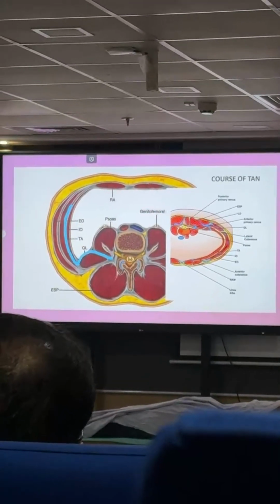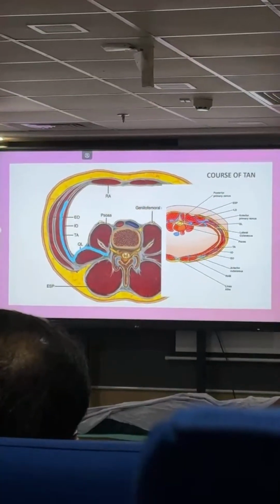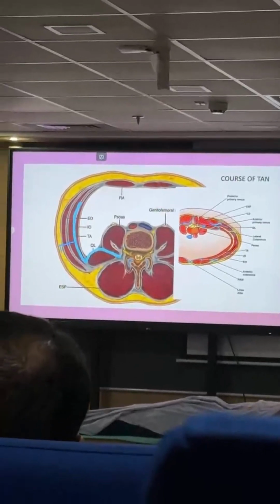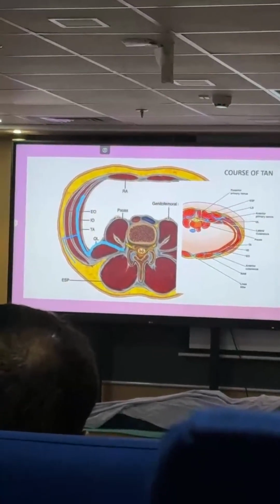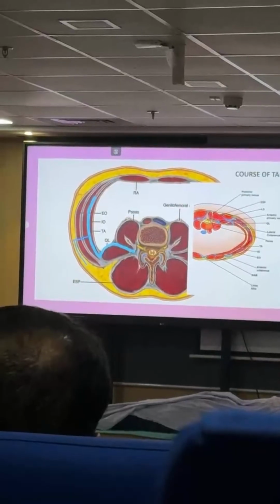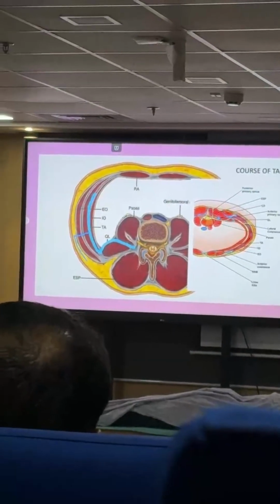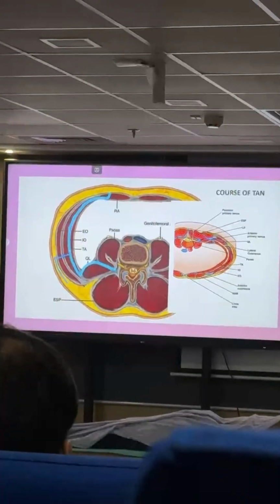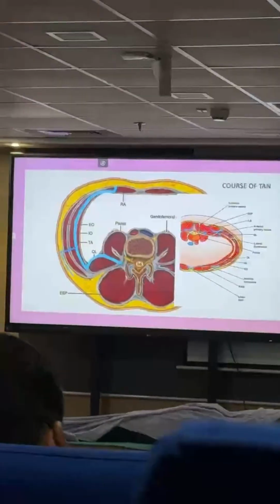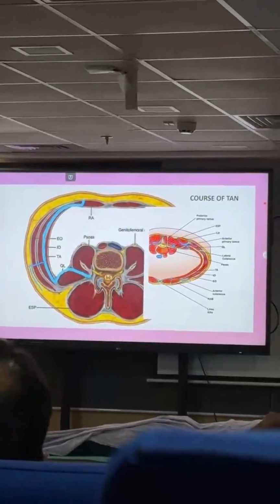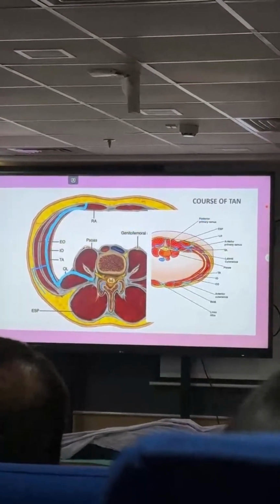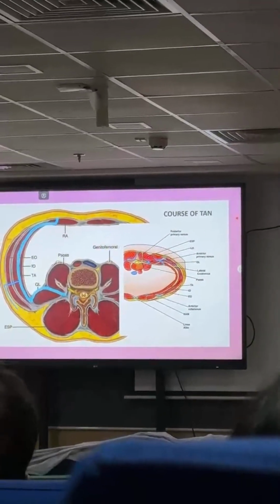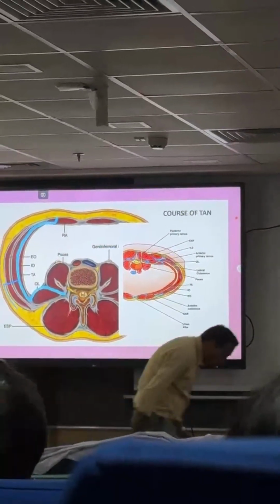However, near the mid-axillary line, it gives a branch, that is the lateral cutaneous branch, and again it splits into 2, which supplies the anterolateral abdominal wall. And it itself continues, and then it pierces the rectus abdominis muscle, and it divides to supply the anteromedial abdominal wall.